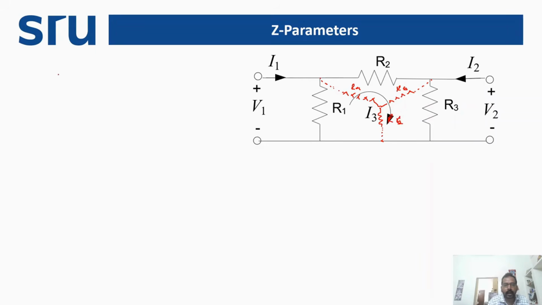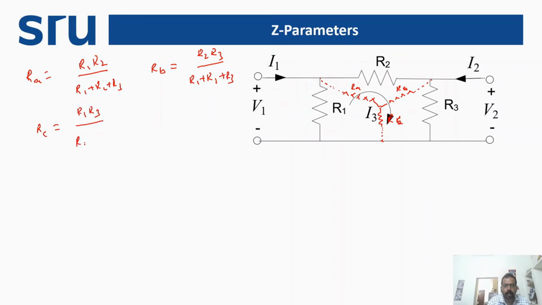So my RA can be written as R1 R2 divided by R1 plus R2 plus R3, whereas my RB is R2 R3 divided by R1 plus R2 plus R3, and my RC is nothing but R1 R3 divided by R1 plus R2 plus R3.